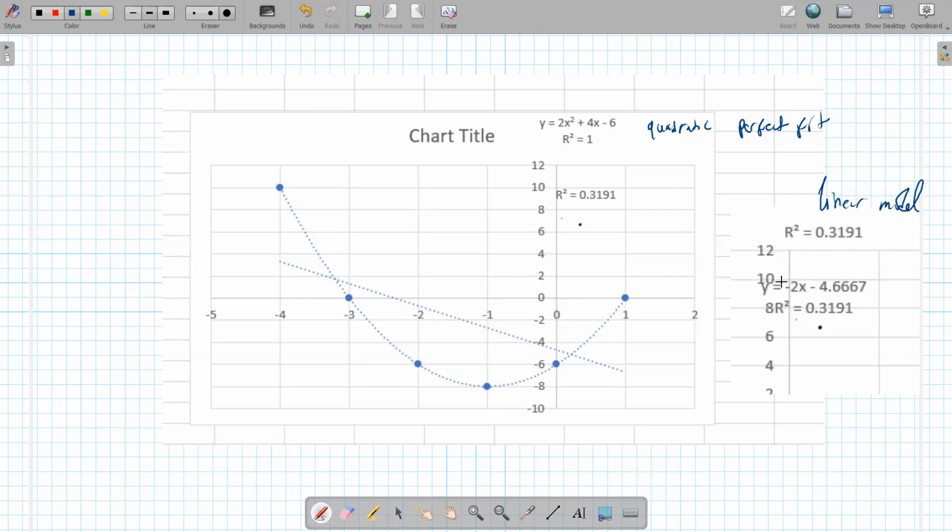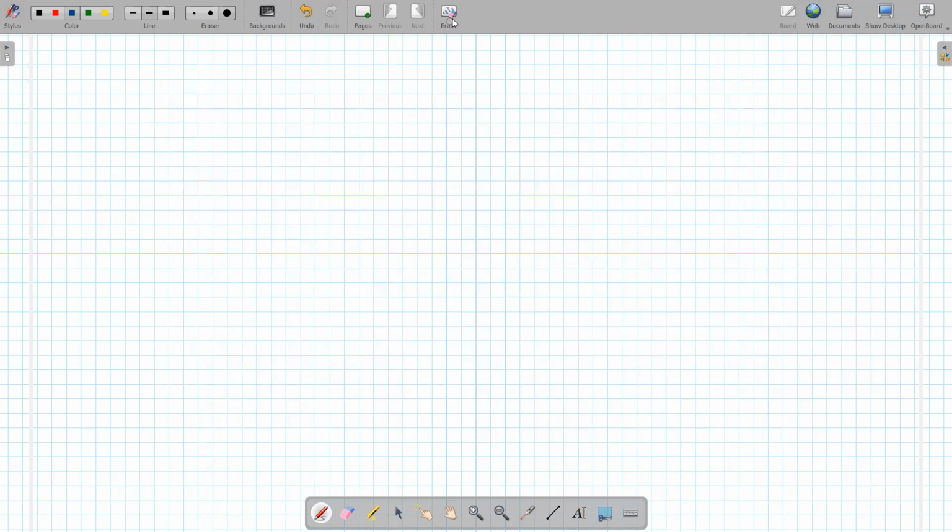It's because we know these data points follow a parabola, right? There's a nice U-turn. Linear model, small R squared; quadratic, a perfect R squared. Quadratic is the way to go, okay? So that's how you can use the R squared value to see which one is valid. And there's more to it than just the R squared value, but R squared is a good starting point.